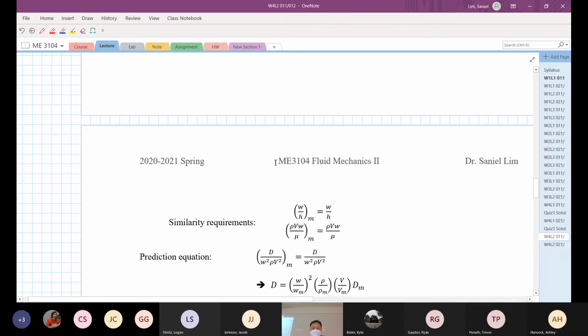Then we can look at each pi term one by one. The first pi term is the width per height. So width per height is one of the pi terms, and it should be the same in the prototype. That means W over H for the model has to be the same as W over H in the prototype.